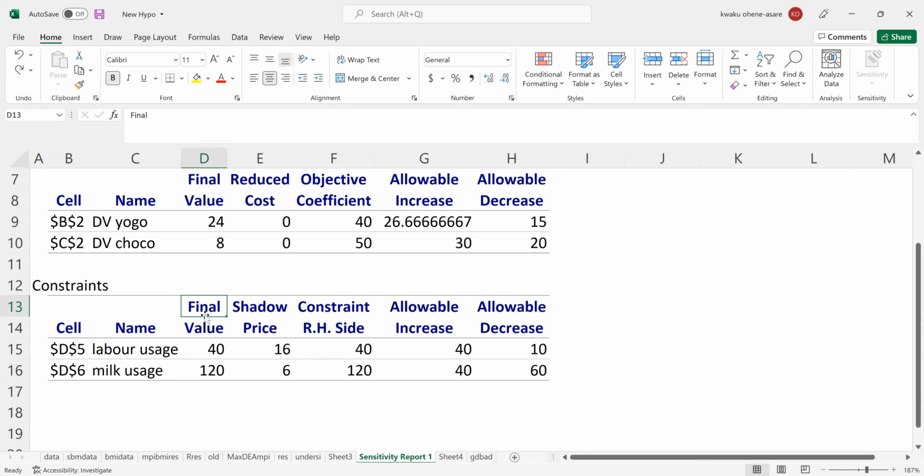When is a constraint binding? It is when the left-hand side of the constraint is the same as the right-hand side of the constraint. That's number 1. That means that the usage is the same as available. That means that all the resources have been fully utilized.